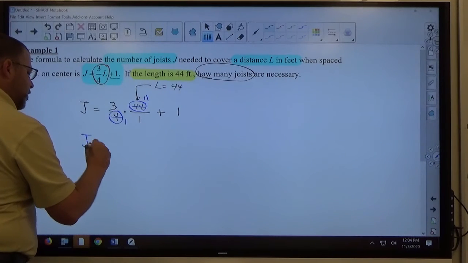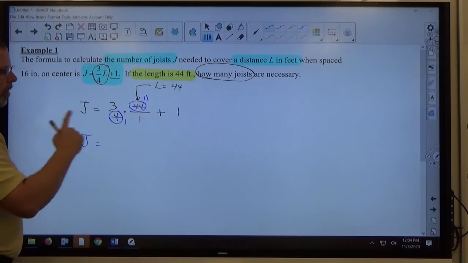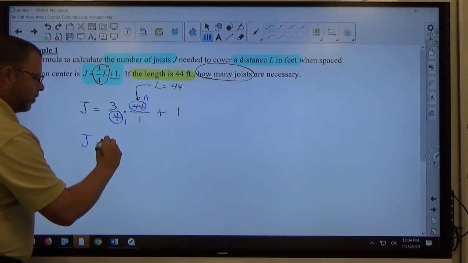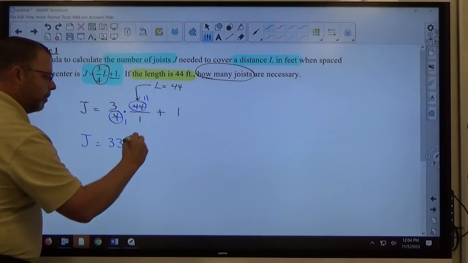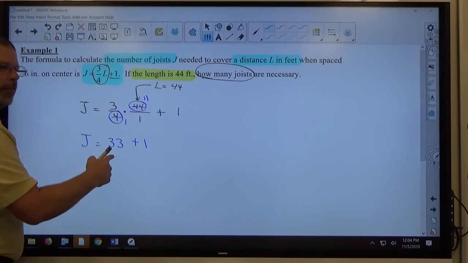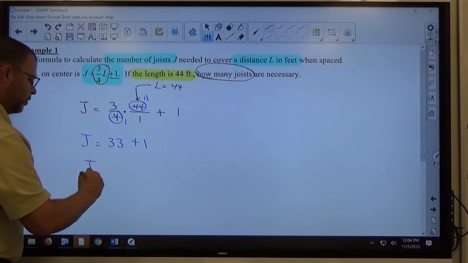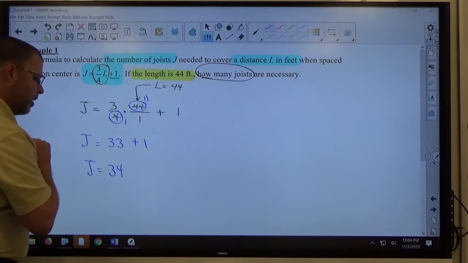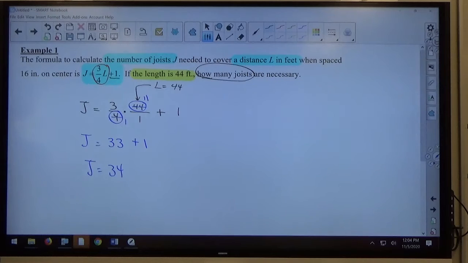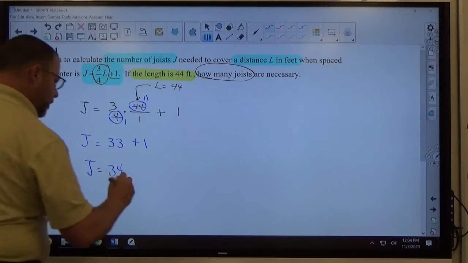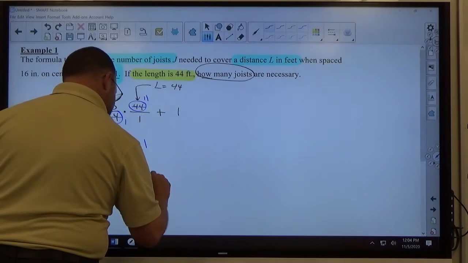I'm still looking for J. I haven't found it yet, so J equals 3 times 11, which makes 33, and then plus 1. 33 plus 1 is 34. And J represents the number of what? Joists. So if J equals 34, that means we need 34 joists.